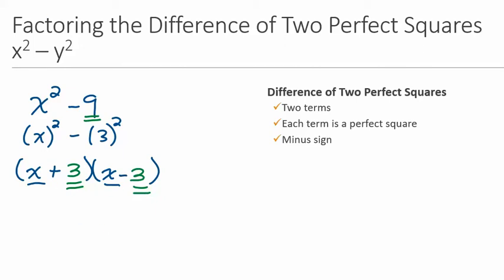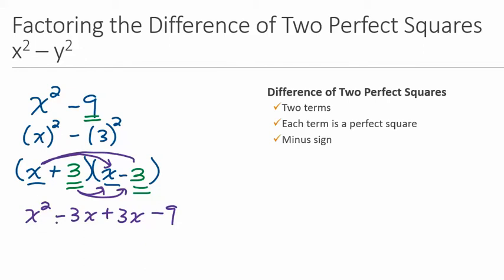Now to check it, all we'd have to do is FOIL this out. So we would go x times x is x squared. X times negative 3 would give us minus 3x, or plus a negative 3x if you like. 3 times x is 3x, and positive 3 times negative 3 is negative 9. Now look what happens here.